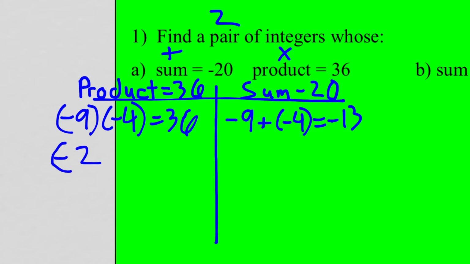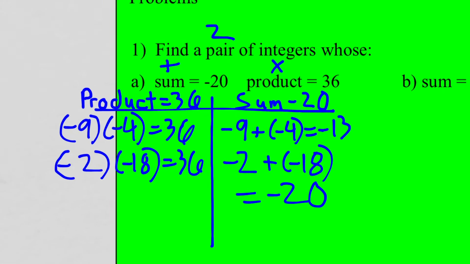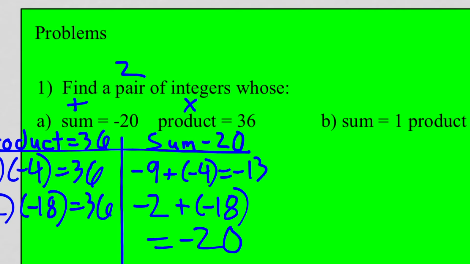Hopefully you'll eventually get to negative 2 and negative 18. Those multiply to positive 36, and negative 2 plus negative 18 adds to negative 20. So that's our pair of integers, negative 2 and negative 18.